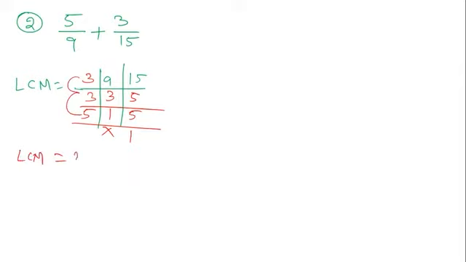LCM is equal to 3 multiplied by 3 multiplied by 5. 3 3s are 9, 9 5s are 45. So this is our common denominator. So I write here 45 as the first step.